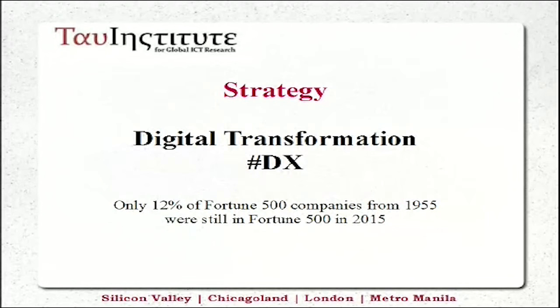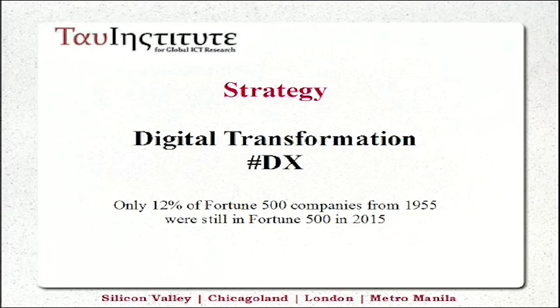I think a lot of you may be familiar with this little fun fact that only 12% of the Fortune 500 companies from 1955 were still in the Fortune 500 in 2015. And of the 88% that were not in the Fortune 500 60 years later, most of them are dead.